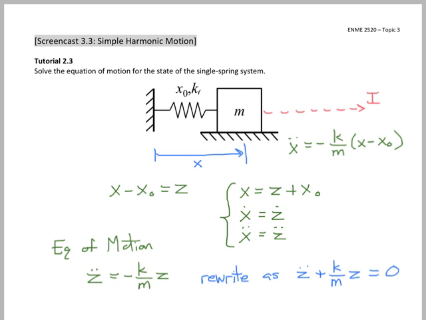And so when we make those substitutions, our equation of motion is z double dot, the acceleration of our new coordinate, is equal to negative k over m, so that's our spring constant scaled by the mass, multiplied by only z. And because we want to solve this differential equation, we'll rewrite this as z double dot plus k over m times z is equal to 0.